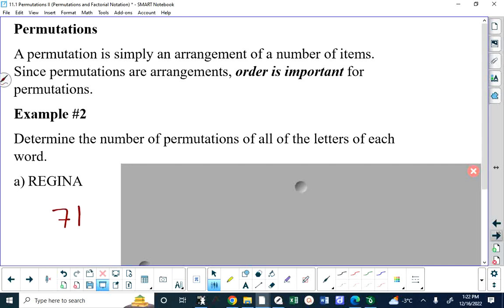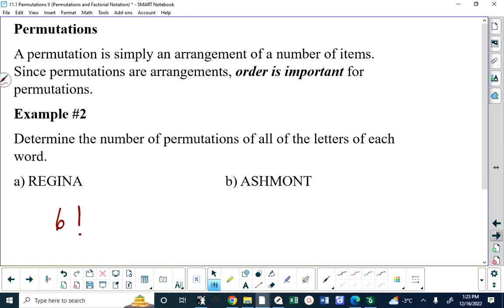I really want to stop putting 6 blanks here if that's the extent of the question. I could put 6 blanks and say, how many different letters could the first one be? 6. How many can the second one be? 5. This should be just knowledge in your head. So if I talk about how many different arrangements of all of the letters of the word Ashmont are there, it would be 7 factorial.